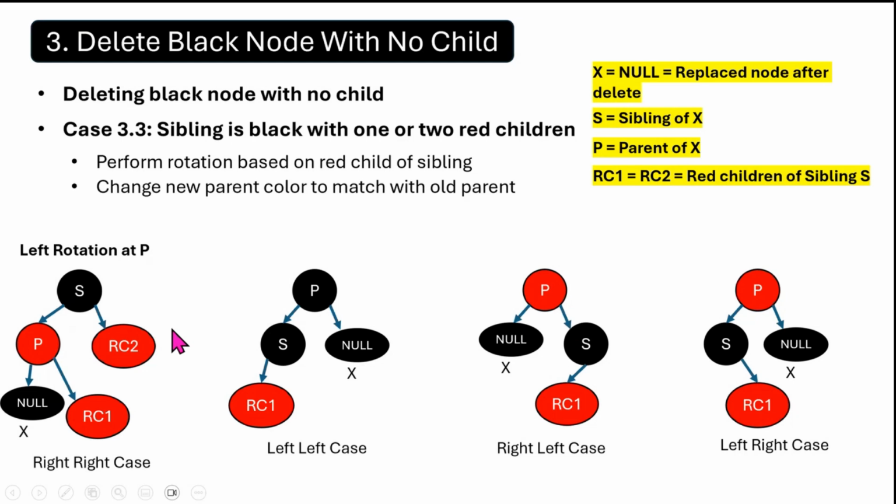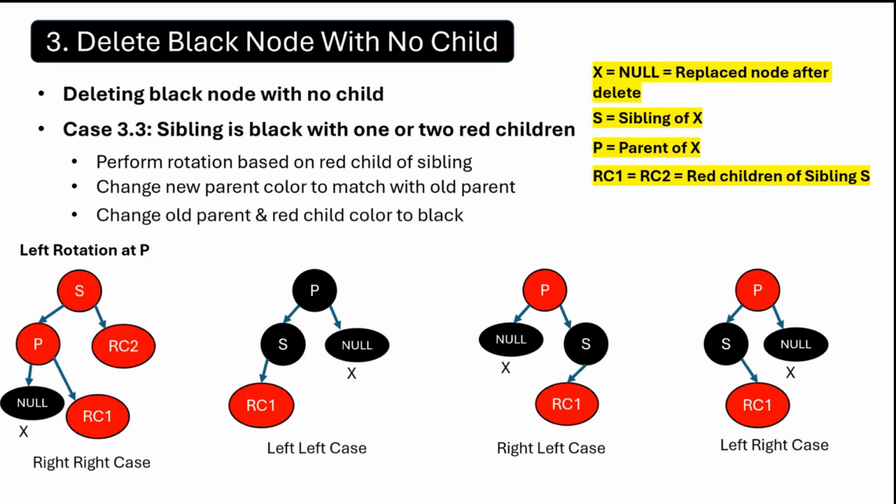We change the new parent color to match the old parent. Why? Because if we keep this as black here, then it will increase the black height for upstream, right? So whatever black height contribution was coming from the previous parent, we need to keep it the same for the new parent. That's why we change the color of the new parent to match the old parent.